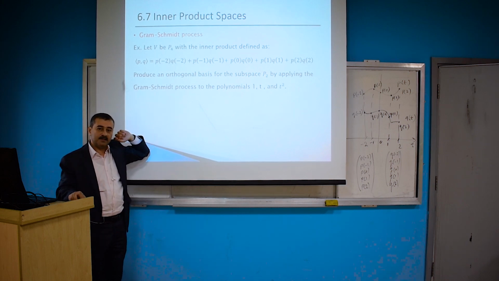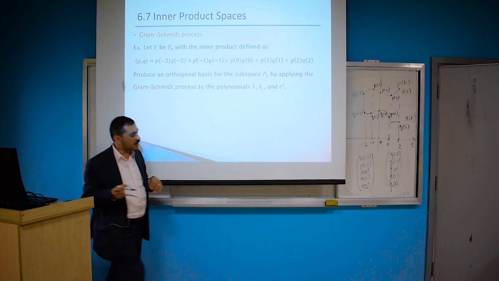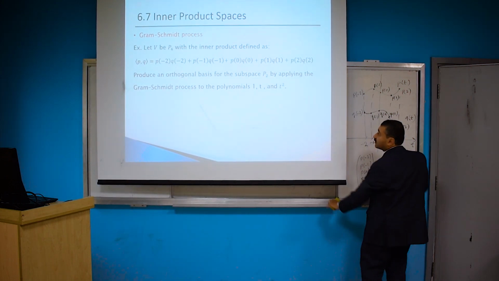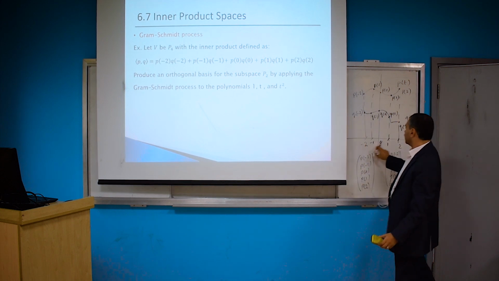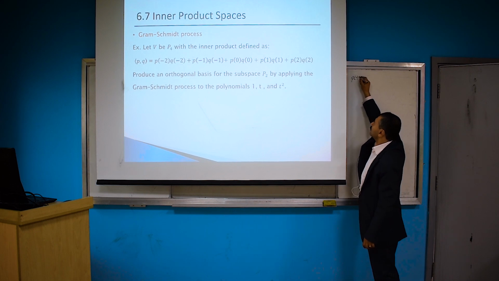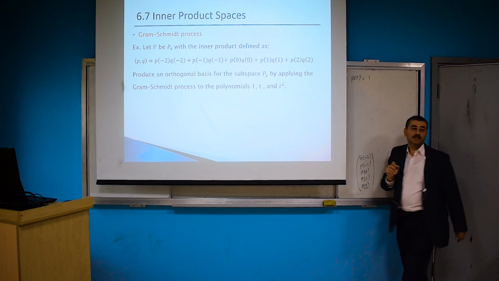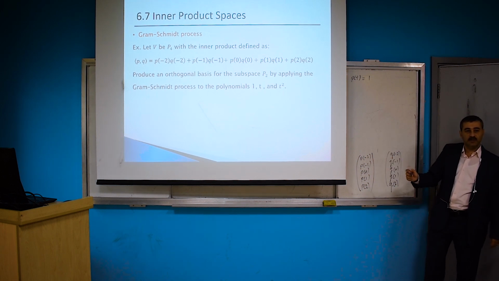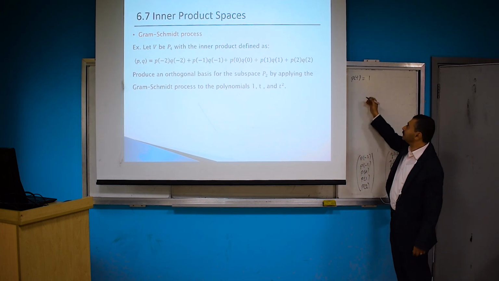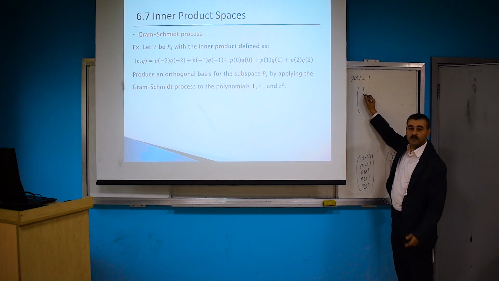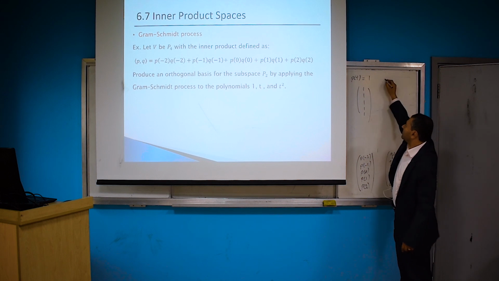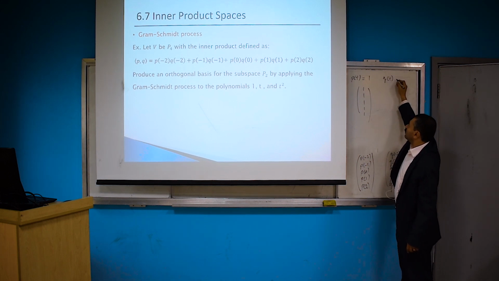So let's first check the orthogonality between these polynomials, 1, t and t squared, using the sample points at -2, -1, 0, 1, 2. If the polynomial is 1, the corresponding sample values are 1 at all points, because it's a constant. What about t?